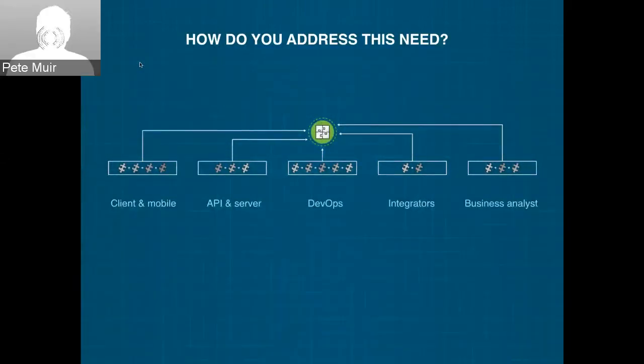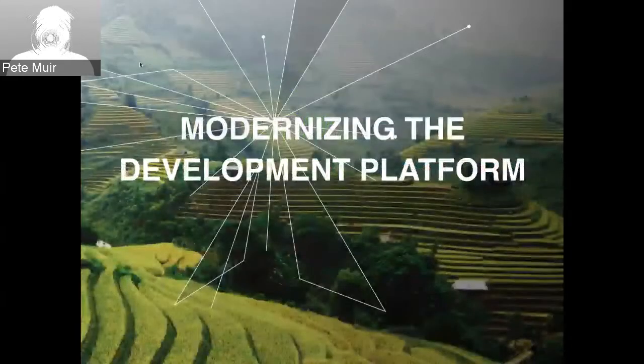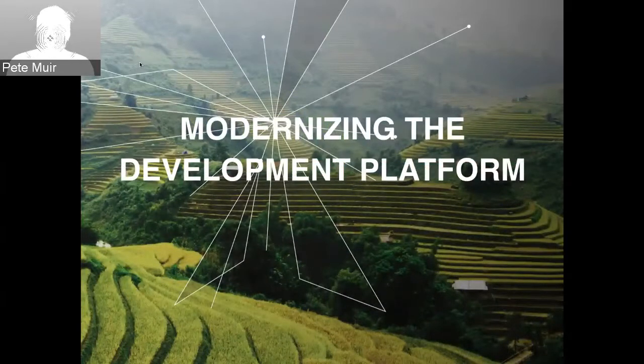These application builders need access to a variety of services. They need access to be able to remote mobile applications. They need to be able to integrate stuff easily. And they need to be able to build stuff in a really easy fashion. And this means we think that we need to move to a modern application development platform. It needs to be lightweight. It needs to be cloud-based and allow for easy DevOps.